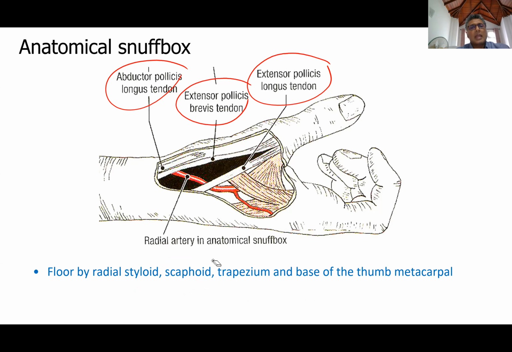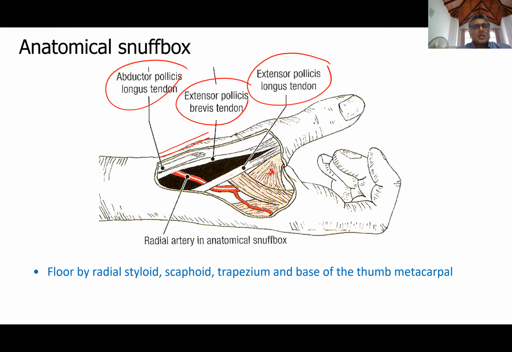And the radial artery, after giving the superficial branch to the superficial palmar arch, continues through the anatomical snuff box and passes deep to the first dorsal interosseous to enter the palm to form the deep palmar arch.